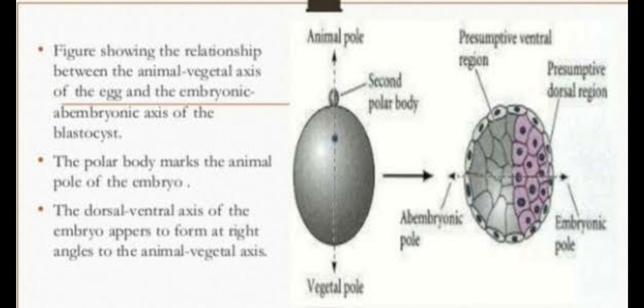Now, during development, there are a few cells initially that are destined, designed to become inner cell mass, and there are other cells which are destined to form the trophoblast. The notochord maintains dorsal ventral polarity by inducing specific dorsal ventral patterns of gene expression, or we can say that there is a memory of the first cleavage in our life.